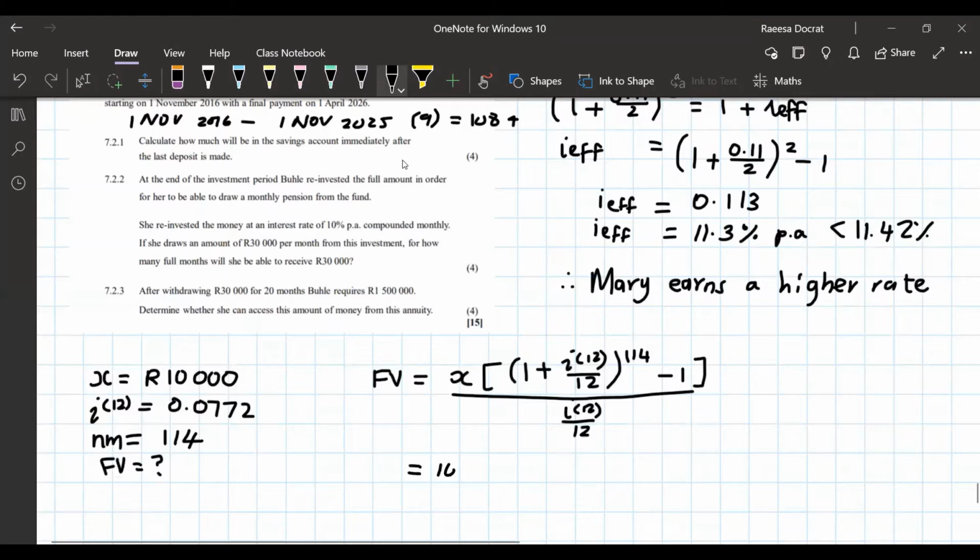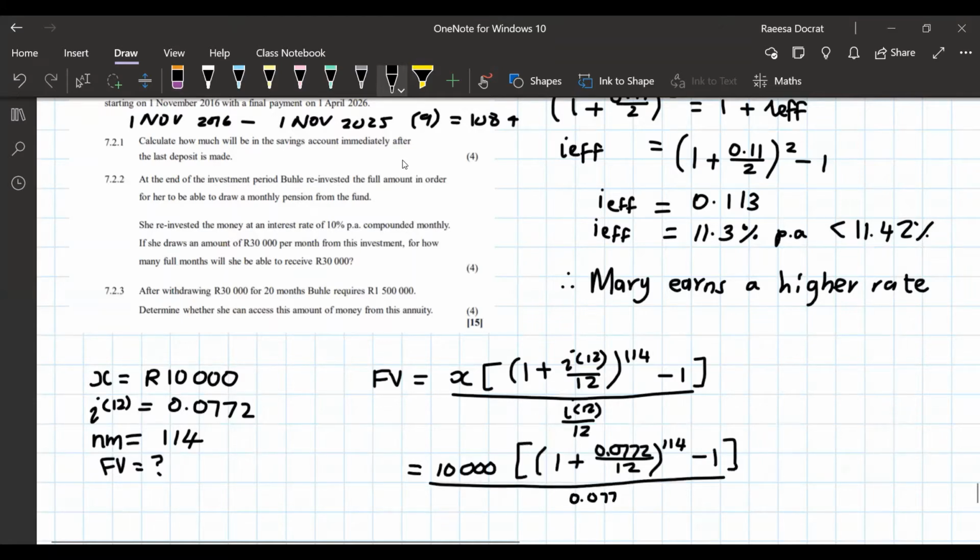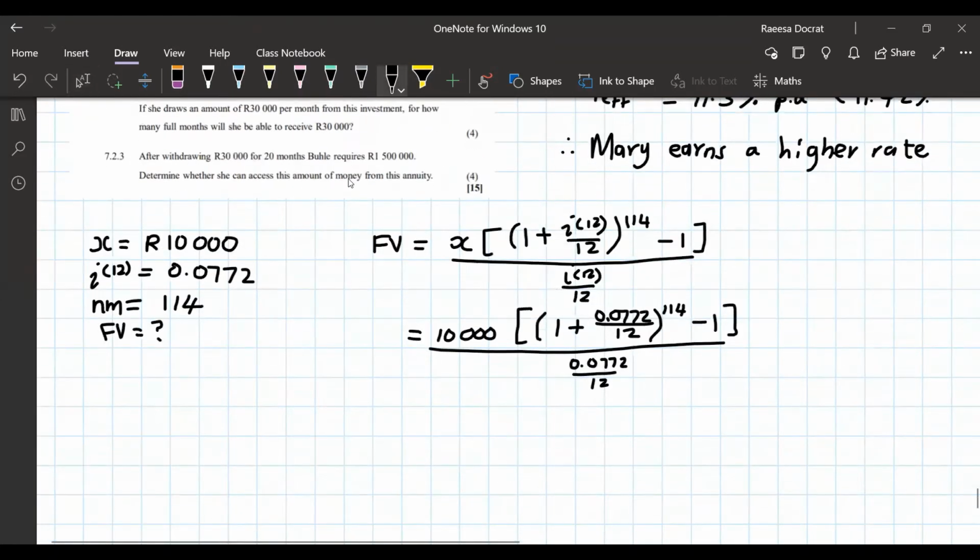Then we substitute: 10,000 times 1 plus 0.0772 over 12, to the power of 114, minus 1, over 0.0772 over 12. Once again, we type that into our calculator, and we get that the total amount is 1,674,501.44 cents.